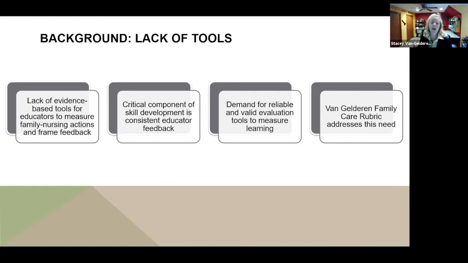And so that's how I ended up developing the Van Gelderen Family Care Rubric, out of a need to help provide consistent feedback to learners. And that was important to me to help build performance and competency. With the increased use of simulation, it has really led to a demand for reliable and valid evaluation tools to help measure learning. And so this has really helped provide a solution for that gap.